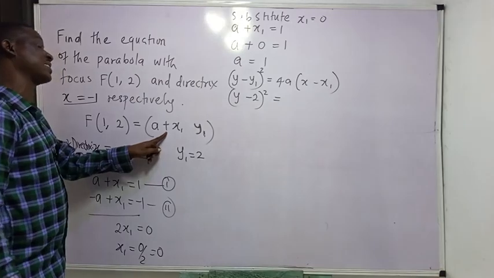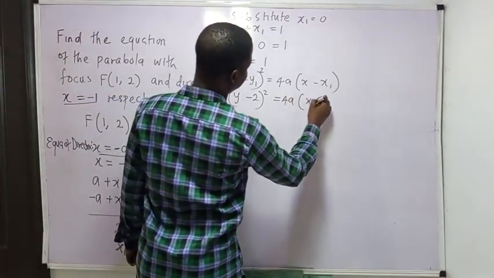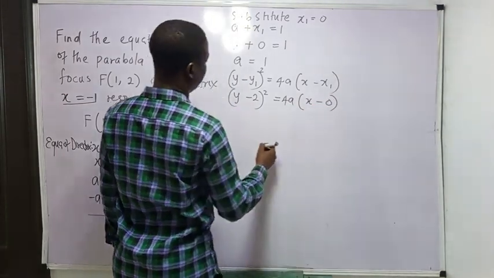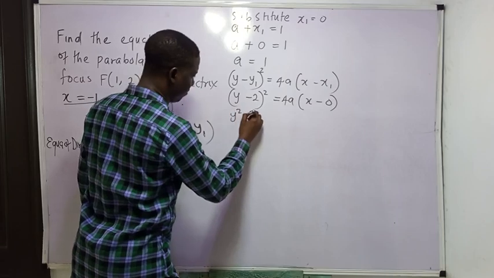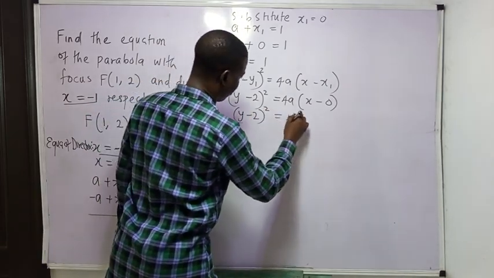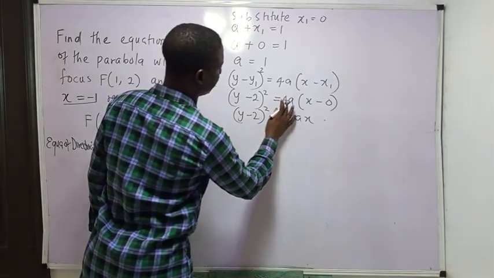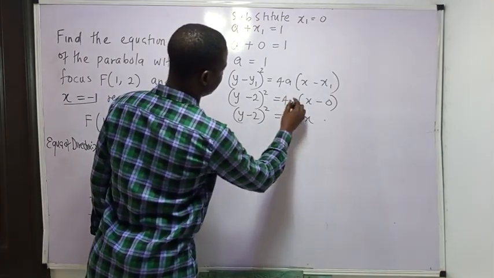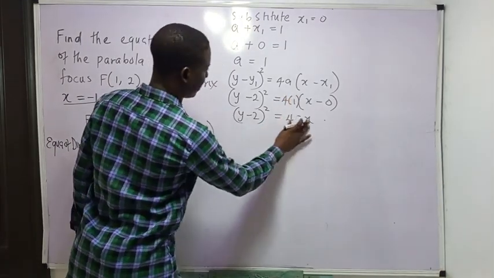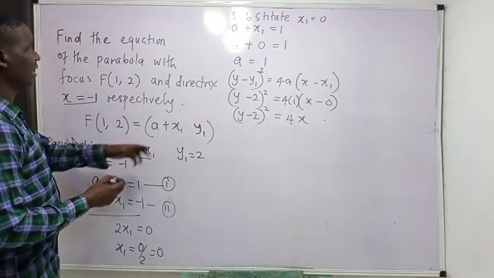Because it lies along the x-axis. You understand? Now you have 4a times (x minus 0). So you have (y minus 2) squared equal to 4ax. Sorry, our a is 1, so it will now be 4x. Now this is our final answer, the equation.